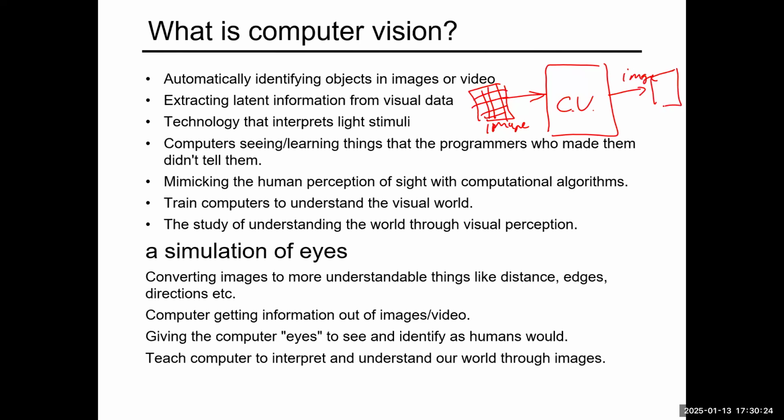The computer graphics, on the other hand, produces an image even if the input is not an image. Maybe there's no input at all. So the output is mostly synthetic, not real. This is the main difference between graphics and vision.